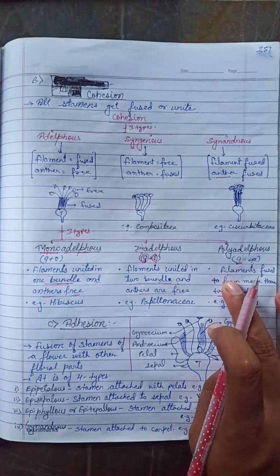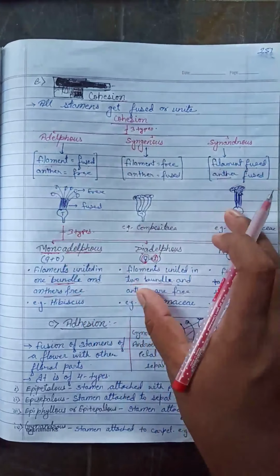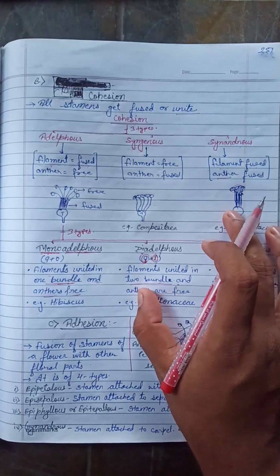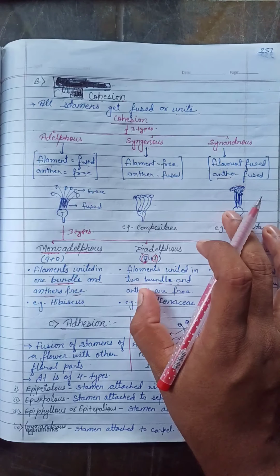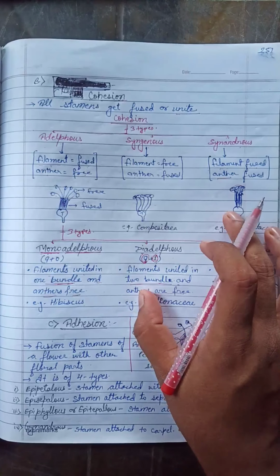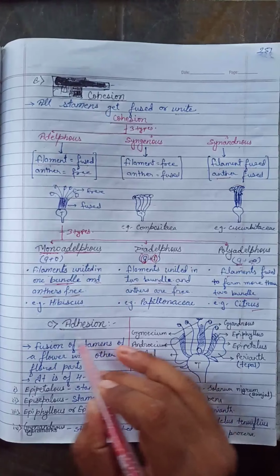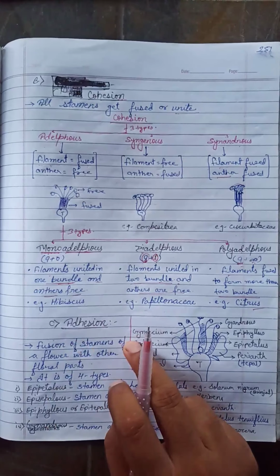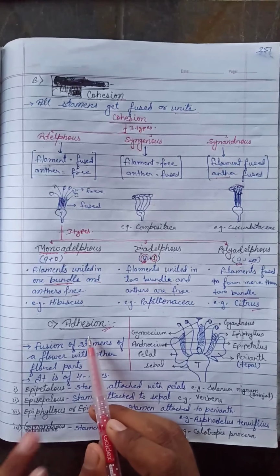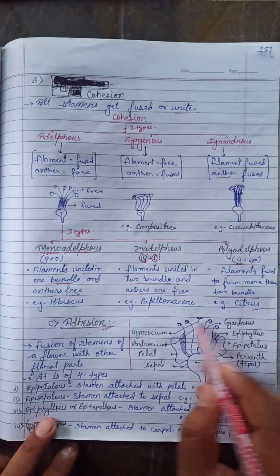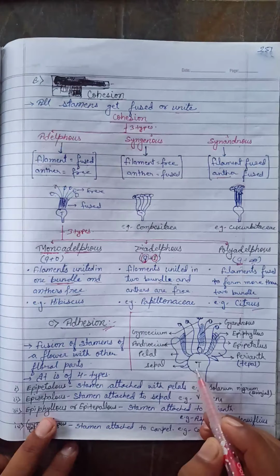It was the second category of stamen conditions. Now look at another condition of stamens, adhesion. Before starting this topic, we would like to show the diagram of this structure.